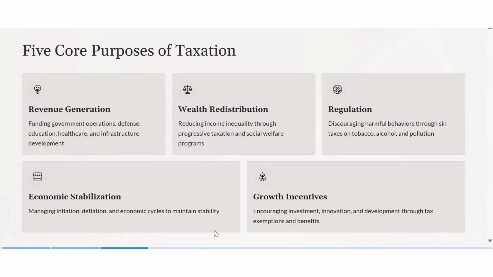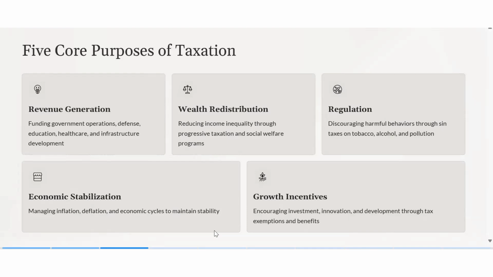Redistribution is another purpose of collecting taxes, which reduces income inequality. Government tries to bridge the gap between haves and have-nots, because we do have a social welfare state when it comes to defining our Indian Constitution, through progressive taxation and social welfare programs.